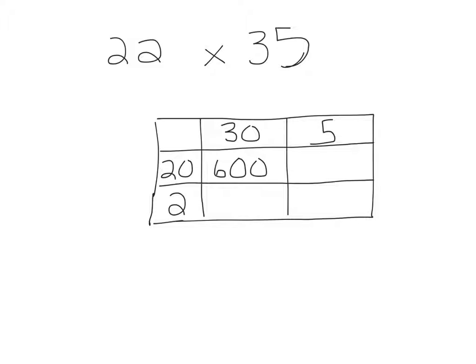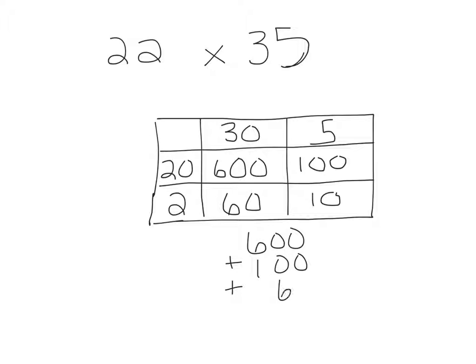Then 3 times 2 is 6 with 1 zero. 2 times 5 is 10 plus 1 zero. And then 2 times 5 is 10. And then I add up 600 plus 100 plus 60 plus 10. And I get 770.